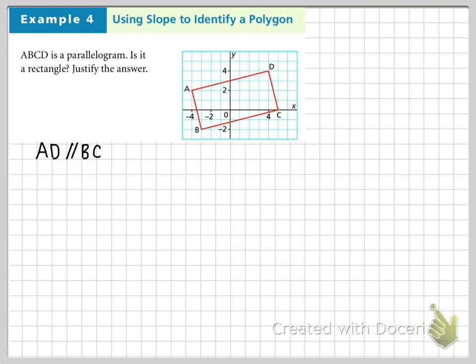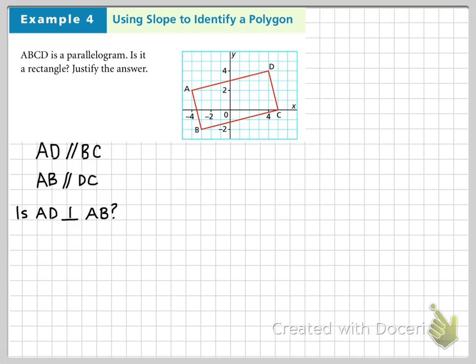That's how we will express that using abbreviations. AD is parallel to BC. We also know that AB is parallel to DC. What we have to test for is to see if AD and AB are perpendicular. And that's the abbreviation for perpendicular.